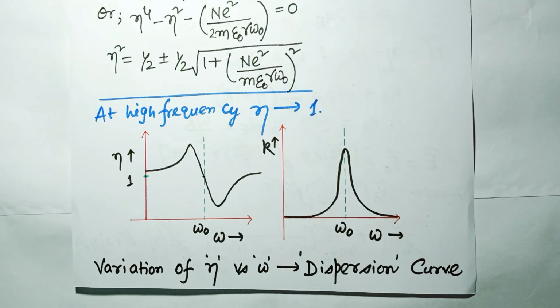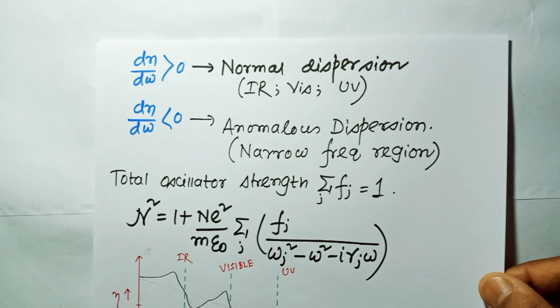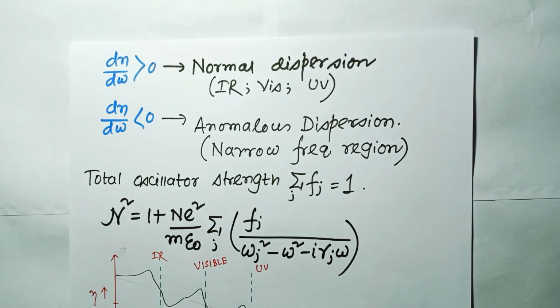When dn d omega is greater than 0, it is called normal dispersion. It happens mostly for the IR, visible, and UV region. And when the slope of the eta versus omega curve, that is dn d omega, is less than 0, it is called anomalous dispersion. This occurs in a very narrow frequency region.